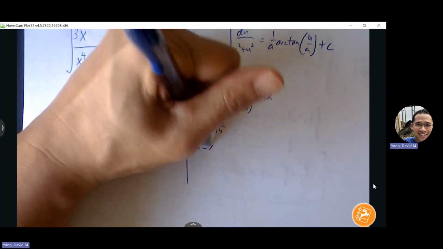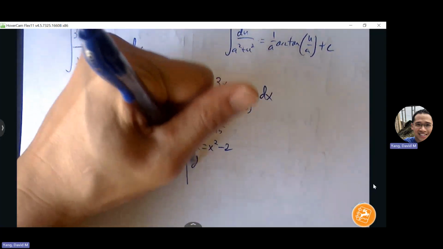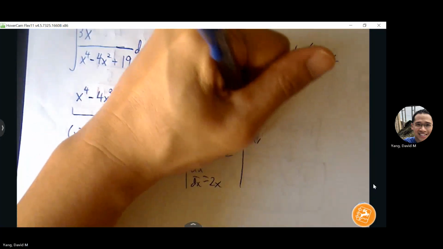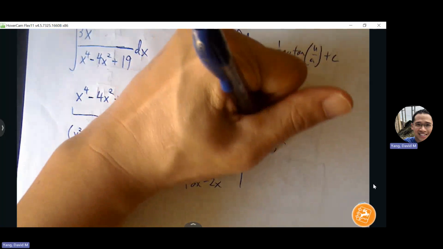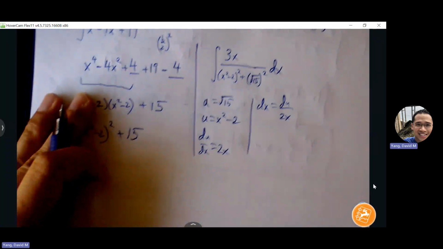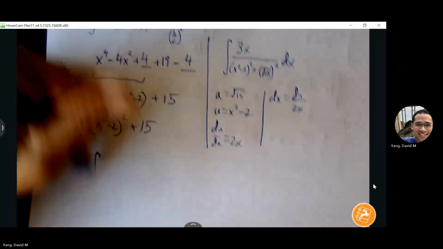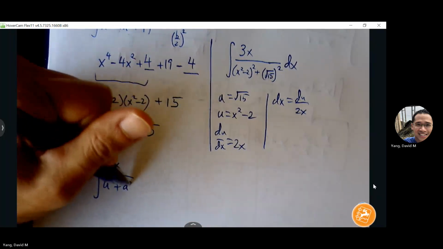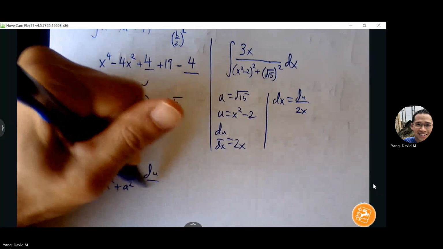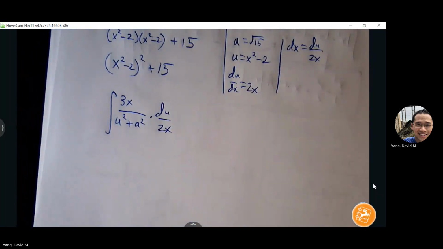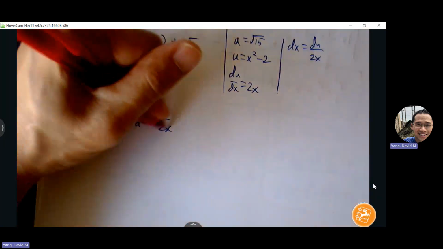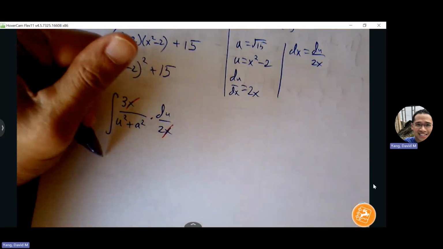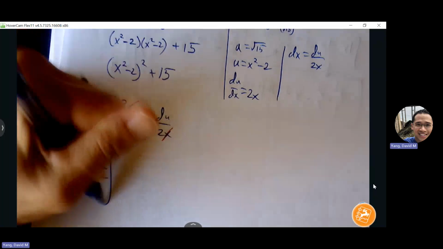We have our u value is x squared minus 2. du dx is 2x. dx equals du over 2x. We make all of our substitutions. Cancel out the x's, hold the coefficient out in front, and now it should look exactly like the rule that we want to use.